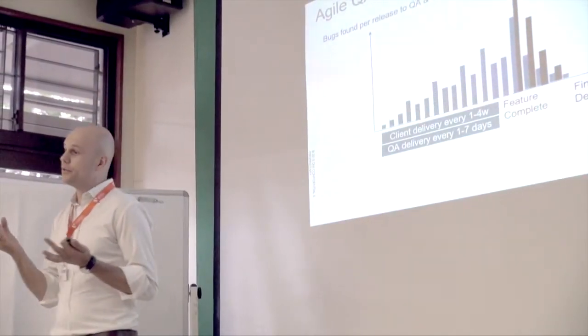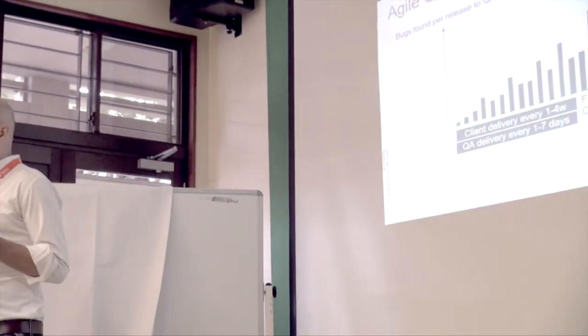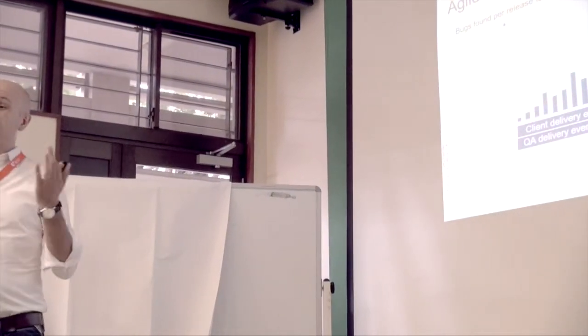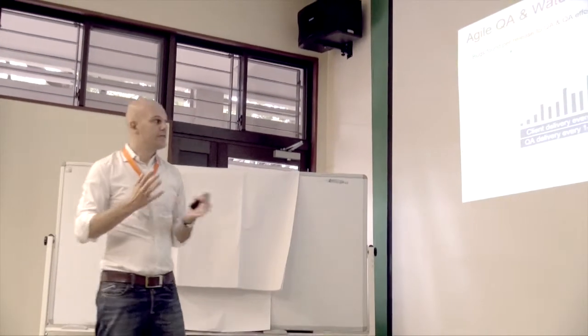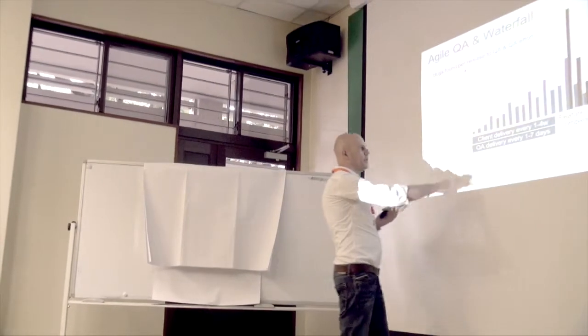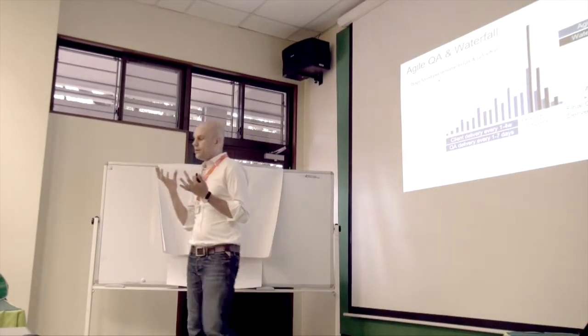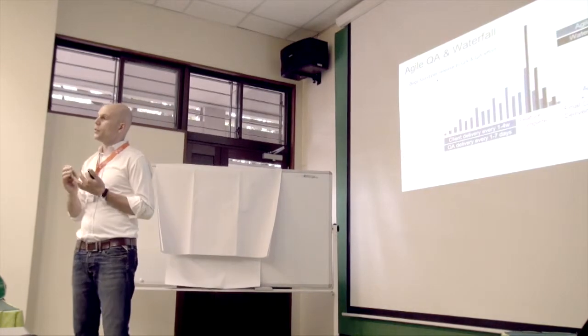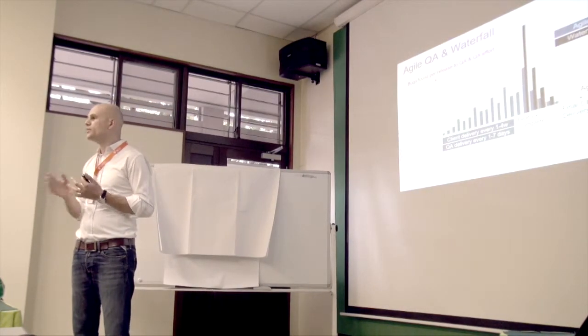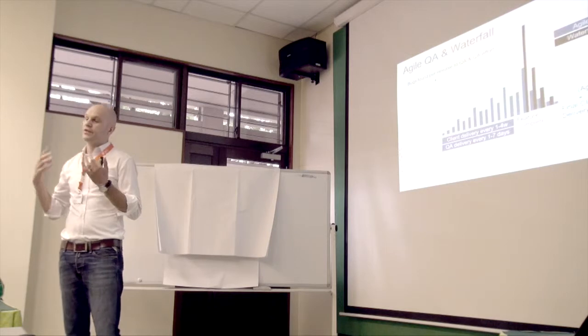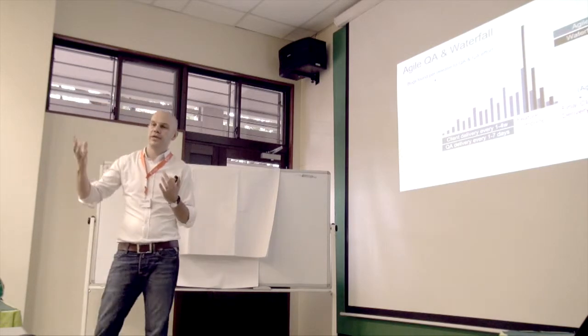And before a client release, we do have a different kind of testing. We have regression testing. So we test everything that is specified in our test cases. Whereas in the smaller releases, internal releases, which I call them, we test mostly bug fix verification. So we only test the bugs that have been fixed, not the whole scope, because it's very expensive to test everything over and over in Agile.